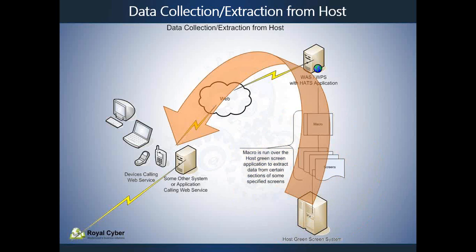This extracted data is then passed to the web service calling application or system by the HATS application. So this is how data from a green screen application is read based on a service call, and all this information is sent back to the calling system. This is scenario number one.